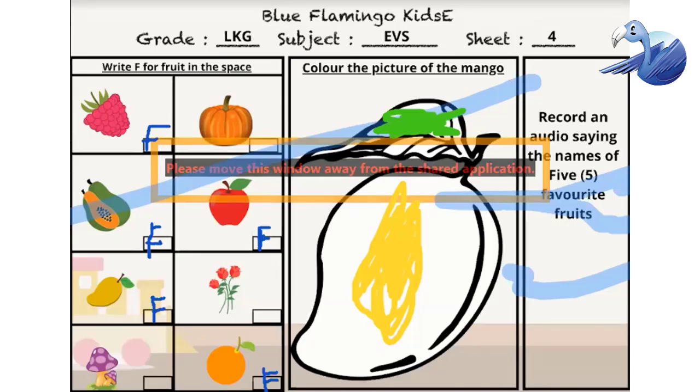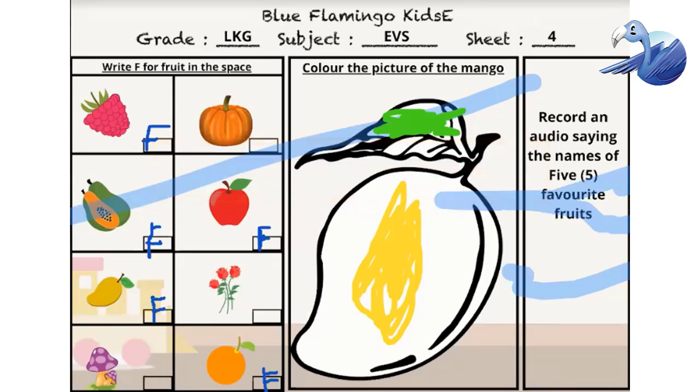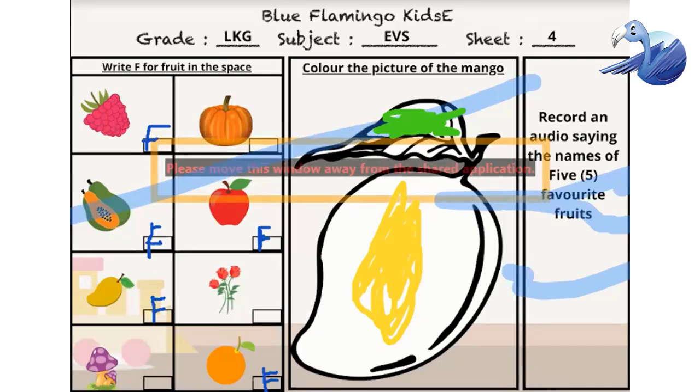Okay, so like this, students, you just have to record an audio and share in the WhatsApp group. Okay, here you have to identify fruits only, students. You have to identify fruits and you have to color this mango also. Mango is in yellow color. Okay, now let's move to next worksheet.